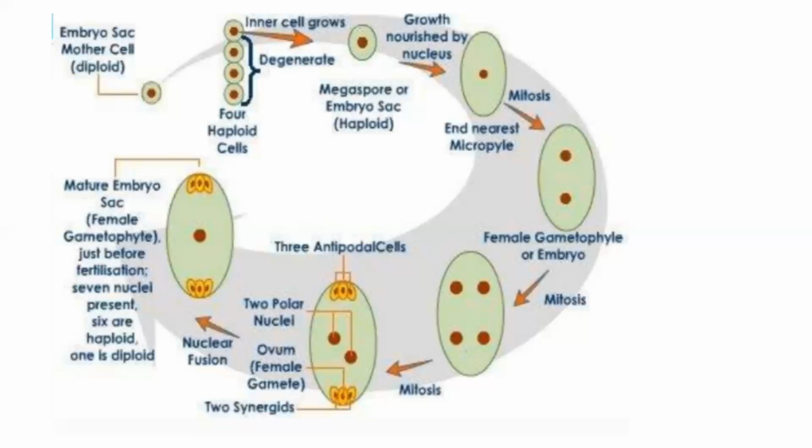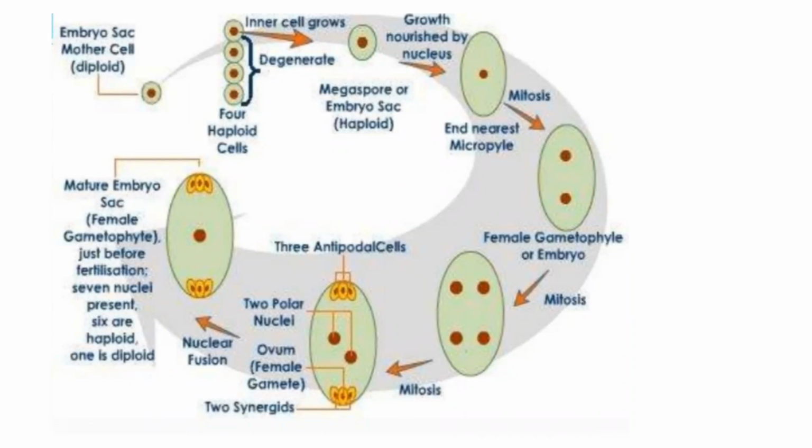Archesporium and megaspore formation: the archesporium is hypodermal in origin. At an early stage in the development of the ovule, usually at the time of initiation of the integumentary primordia, a single hypodermal cell is known as the primary archesporial cell. I will give clear-cut information about the development of the megasporangium in four steps.